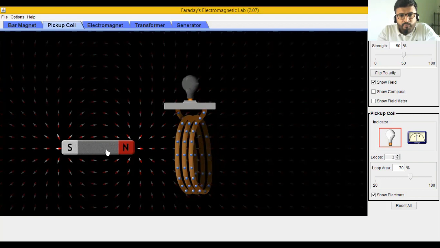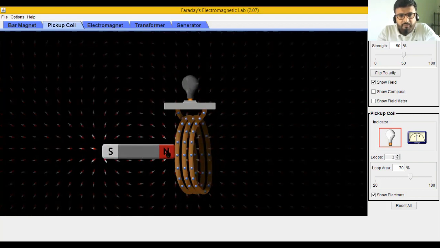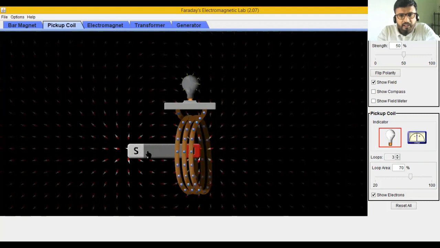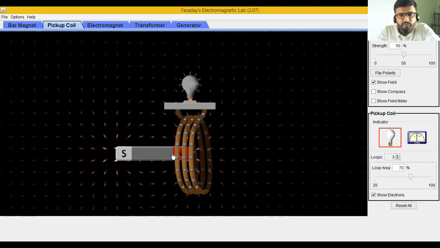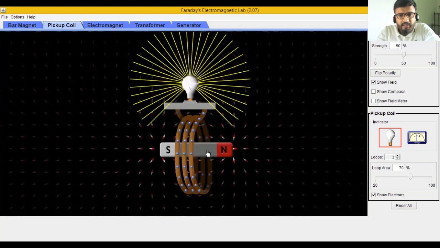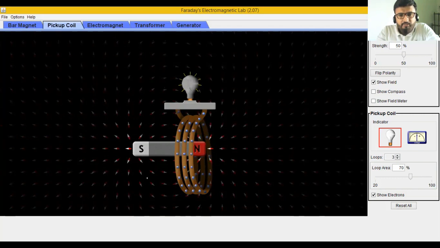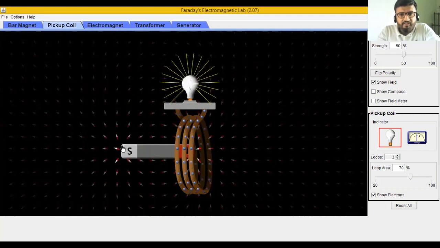If I move this magnet with a low velocity, the EMF will be there, but the extent of EMF induced will be low, or you can say there will be a lesser amount of voltage. However, if we increase the velocity of movement, the EMF induced is increased.